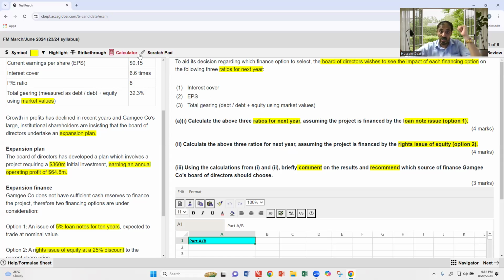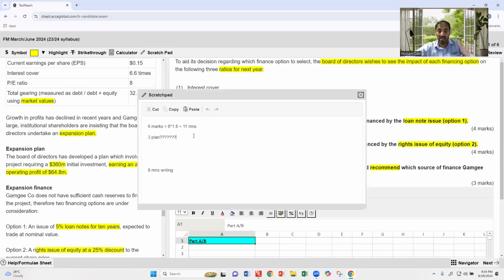First of all, you have to recall the interest cover ratio. What is the interest cover ratio? The formula is: interest cover is equal to PBIT divided by interest.